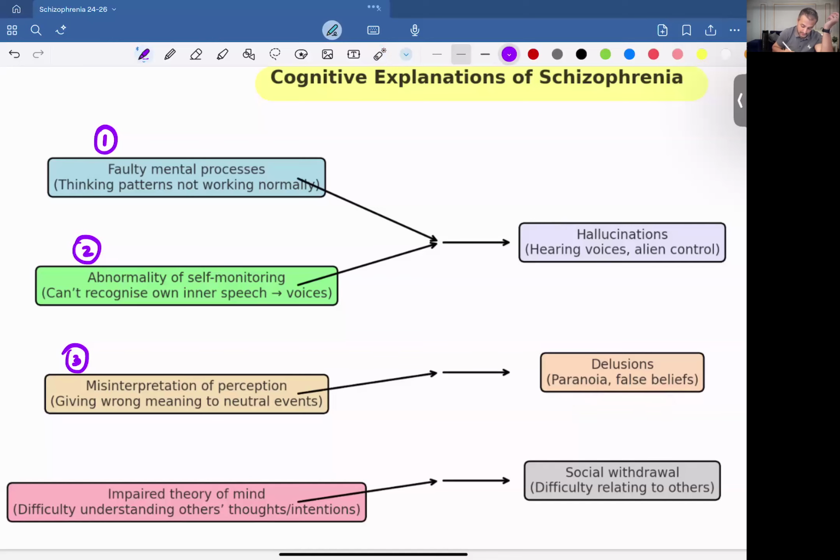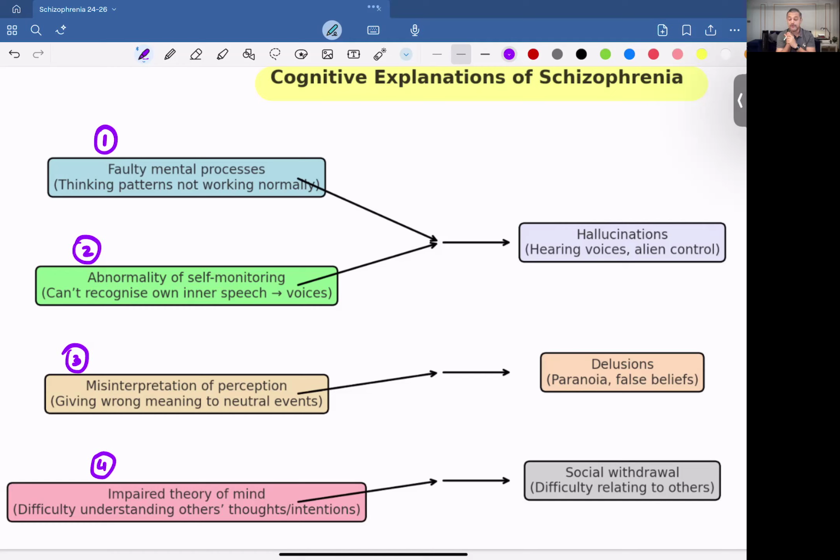Number four, the fourth thing I'd want you all to keep in mind is an impaired theory of mind. You could link this to the study you did in AS, conducted by Baron Cohen et al., which had to do with the extent to which you could read emotions merely by looking at the eye region of someone's face.